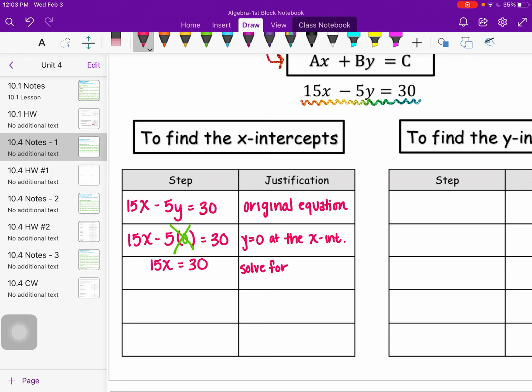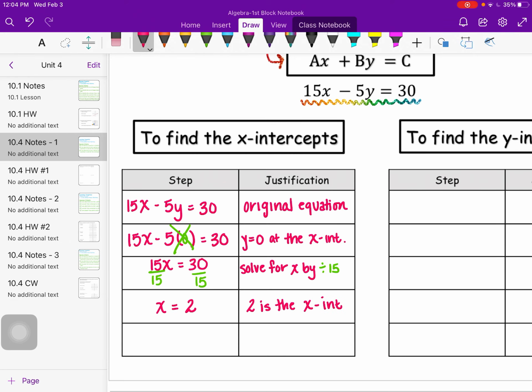The operation between 15 and x is multiplication, so to undo multiplication, we need to divide. We're going to solve for x by dividing by 15 on both sides, and when you do that, you get that x equals 2. That means 2 is the x-intercept.